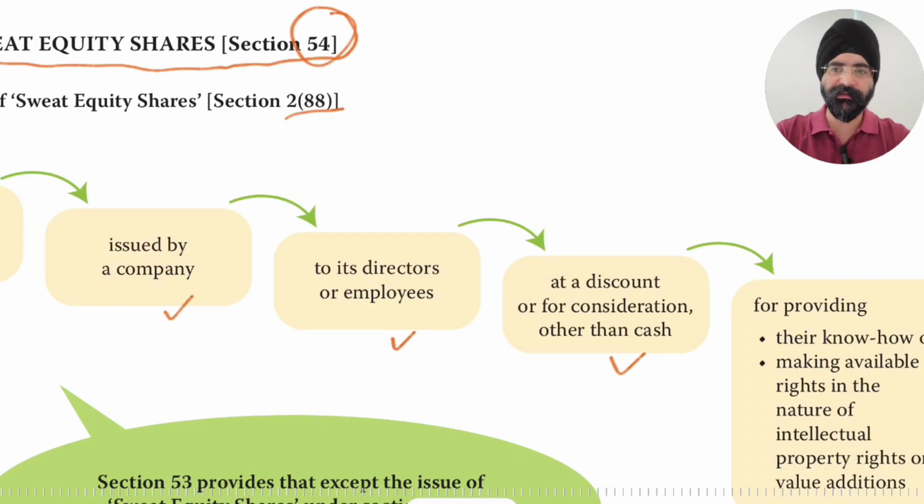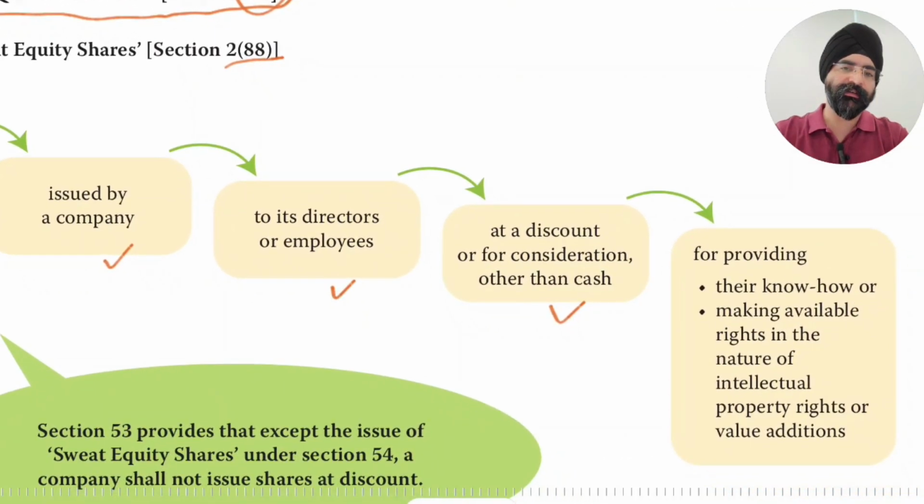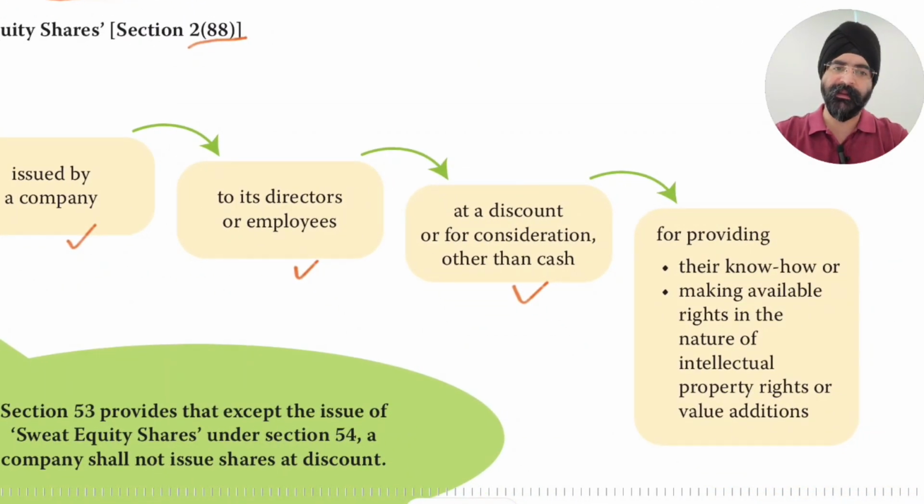But what is the purpose? Purpose is against the sweat the directors and employees have given to the company. That can be for providing their know-how. They have provided certain know-how against which they are provided shares of the company at discount or for consideration other than cash.